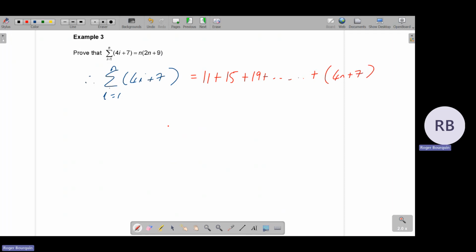So we are required to prove, forget about the segmentation, that 11 plus 15 plus 19 plus ... plus 4n plus 7 is equal to n times 2n plus 9. So this is what we're going to set out to do.